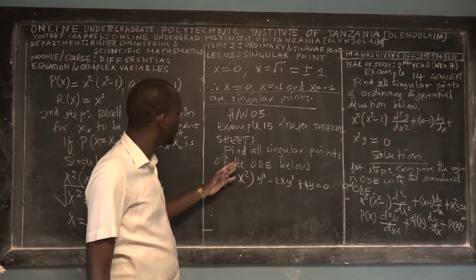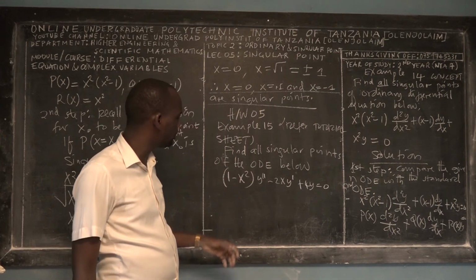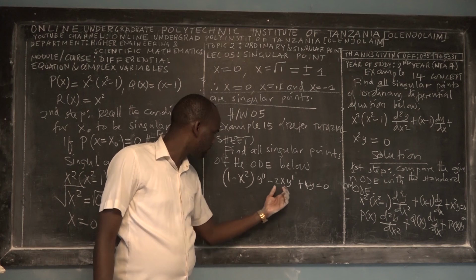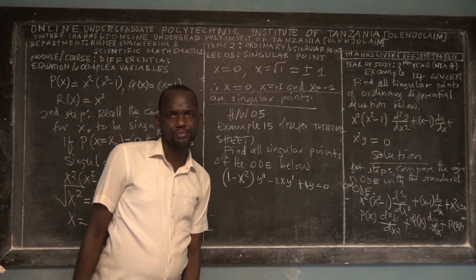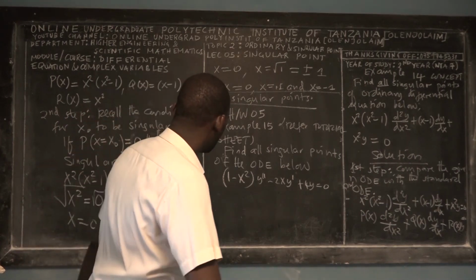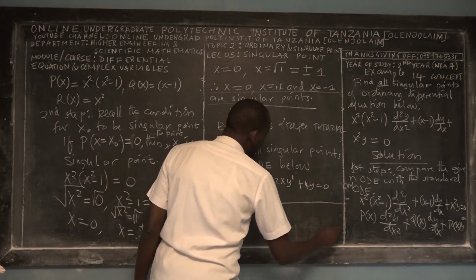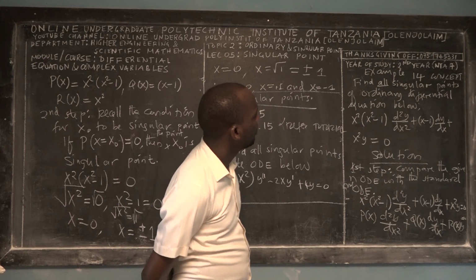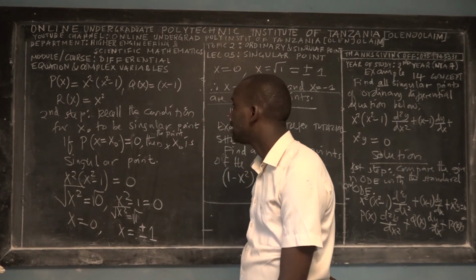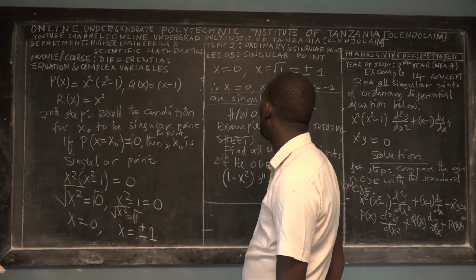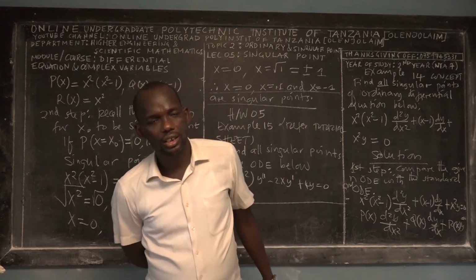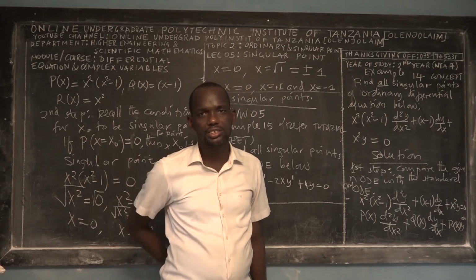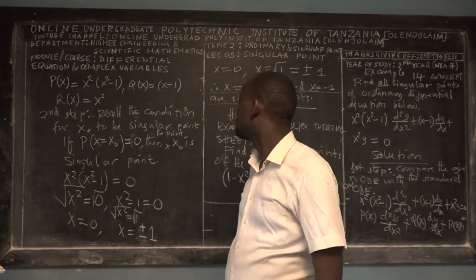So the question, find all the singular points of the differential equation below. This is the coefficient polynomial. So then this is the end of session 1, that is singular points. I'll teach you about classifications when I take it further in the next lecture, lecture 6.